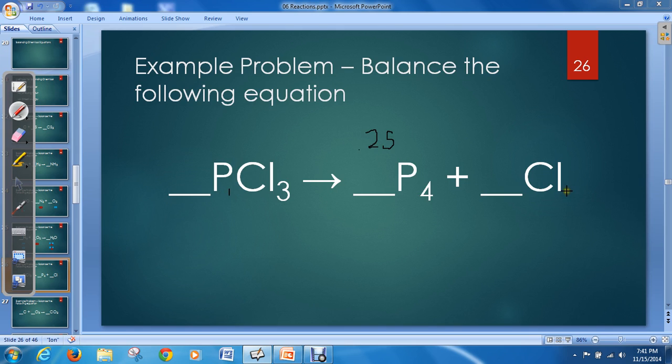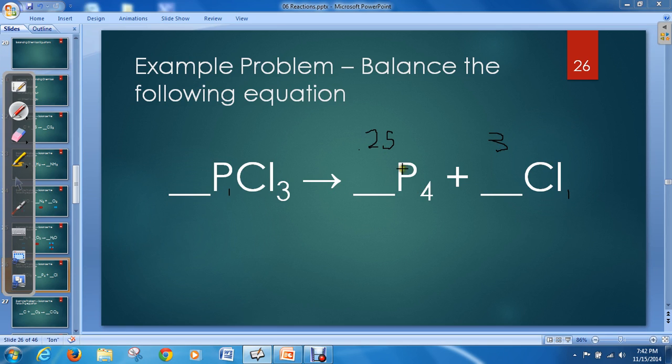Now, what do I need to multiply Cl by, or 1 by, to get 3? In this case, I need to multiply it by 3, right? 1 times 3 gives me 3.